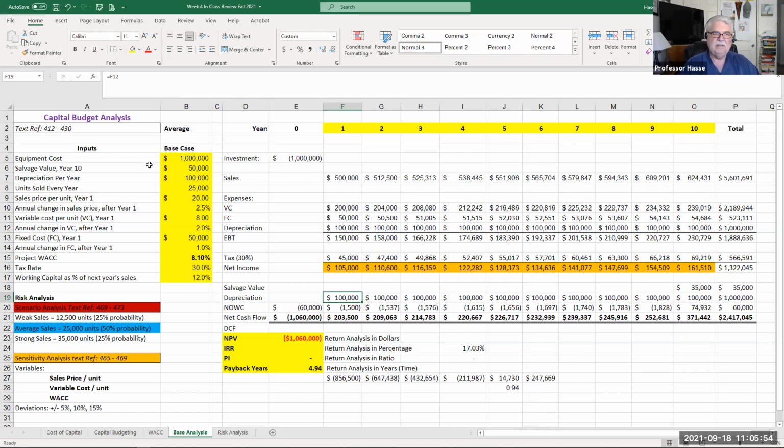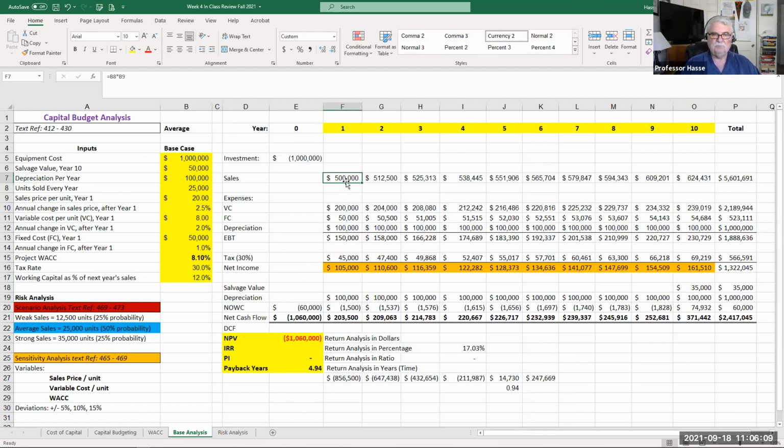And this working capital is determined by a rate as a percent of revenue. The revenue is the base. So working capital is 12% of revenue for the previous year.